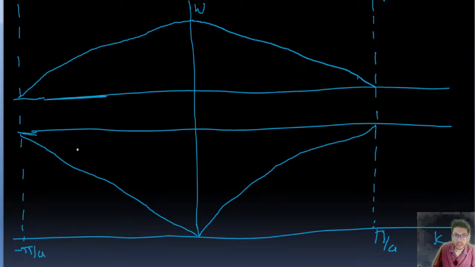This is the acoustical branch, lower branch. This is the optical branch.